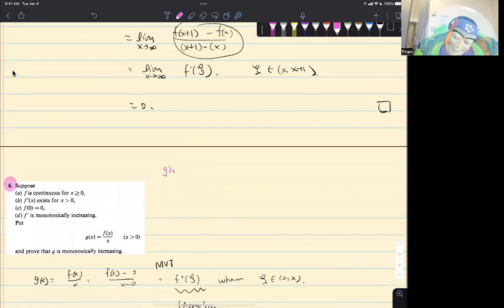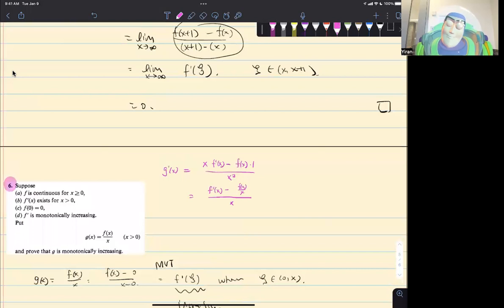So g prime of x is equal to x times f prime of x minus f(x) times 1, divided by x squared, and that is equal to f prime of x minus f(x) divided by x, all divided by x. How will that help us? Let me pause the video.